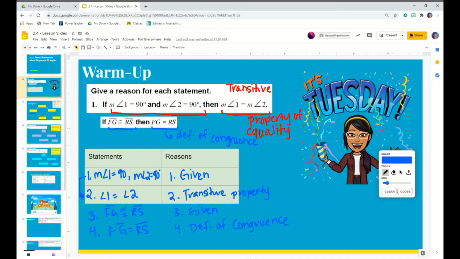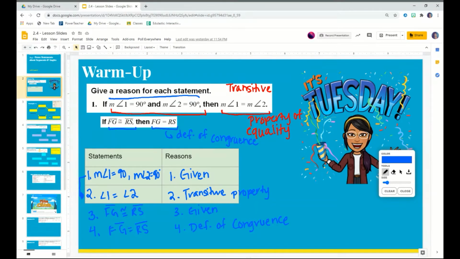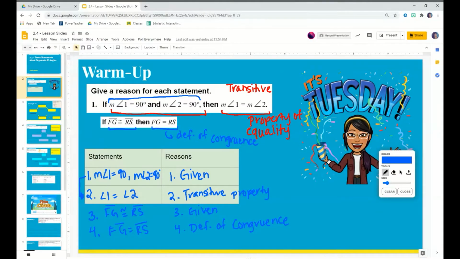Okay, so the statements as a sentence, if you want to organize them in a T-chart, you kind of have to break them up into two separate statements. And because every statement needs a reason. So the if part, the condition, well, why is this actually even true? Because it's given to us.